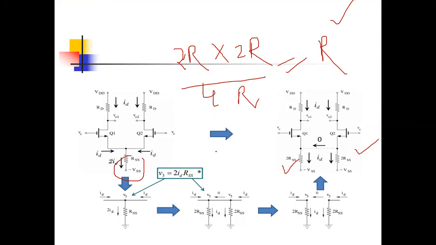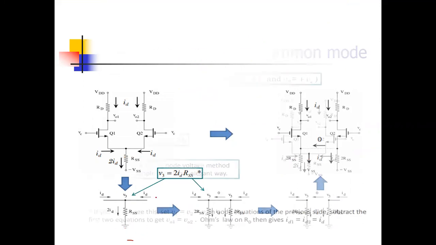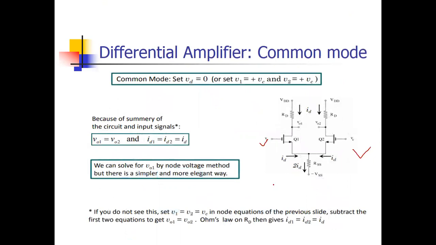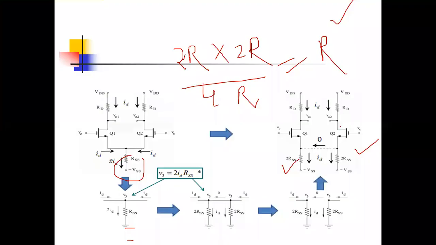Okay, and you can say if this is grounded, then the voltage across this will be 0. So you can understand here, this R is converted into R parallel to R, but there is nothing in between.